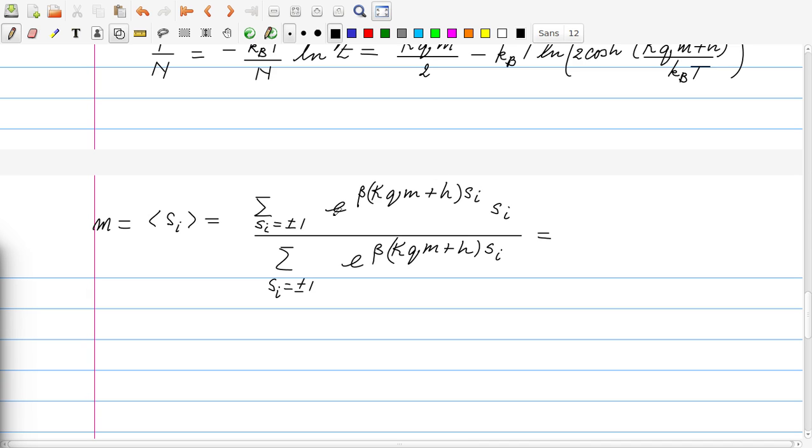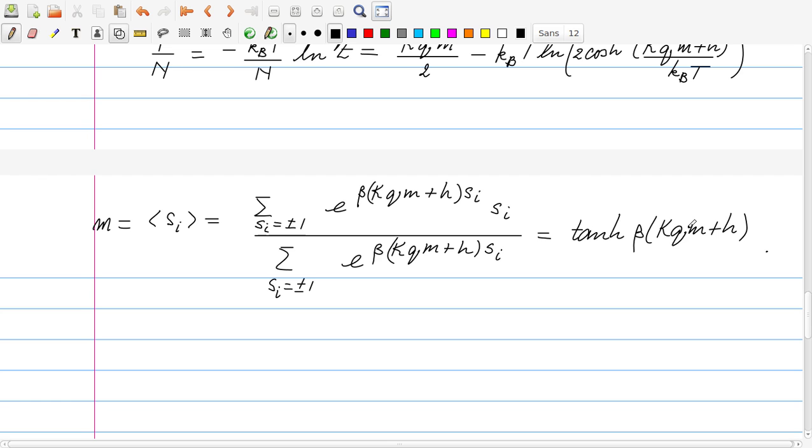This is the Boltzmann weight, and in the numerator we multiply that by s_i, and in the denominator we just normalize by the sum of the two factors, and we see immediately that this gives us a hyperbolic tangent of beta times (k q m plus h).